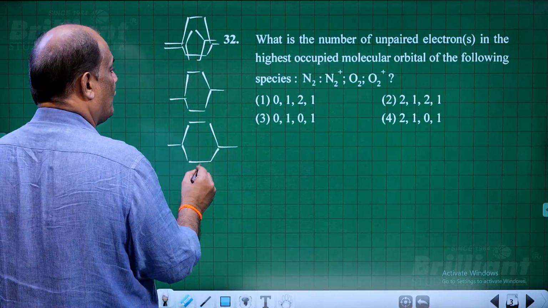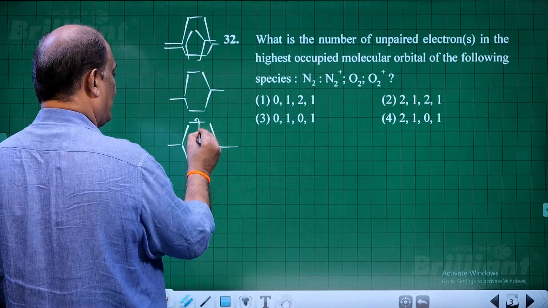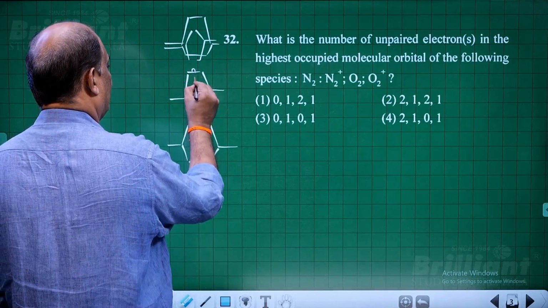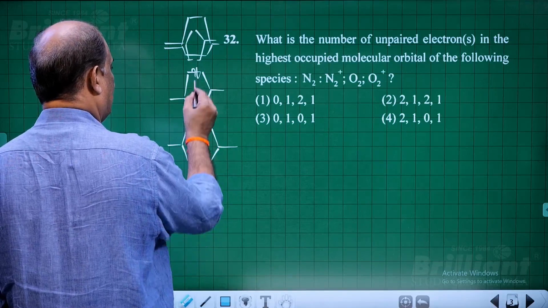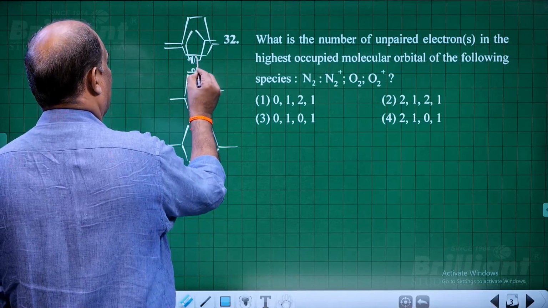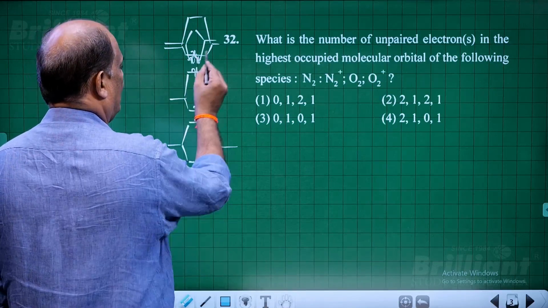Now here this is what? 14 electrons. 2, 2, 4, 6, 8, 10, 12 and 14. This is a 0.